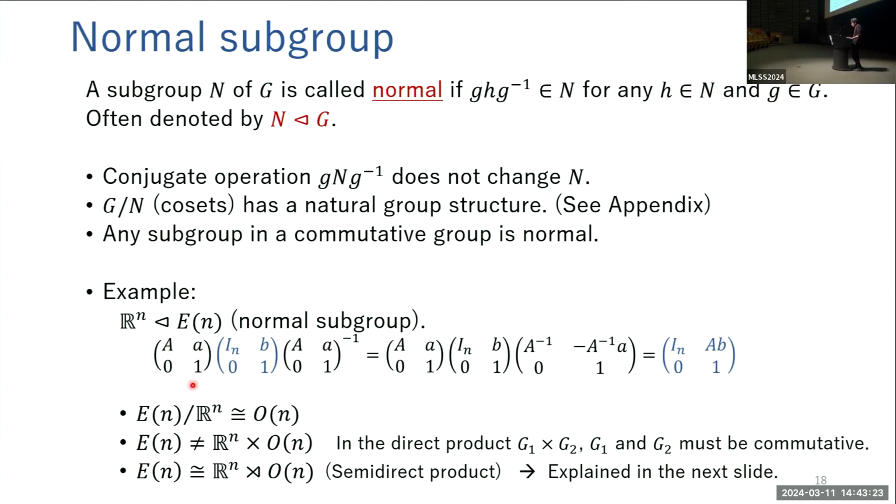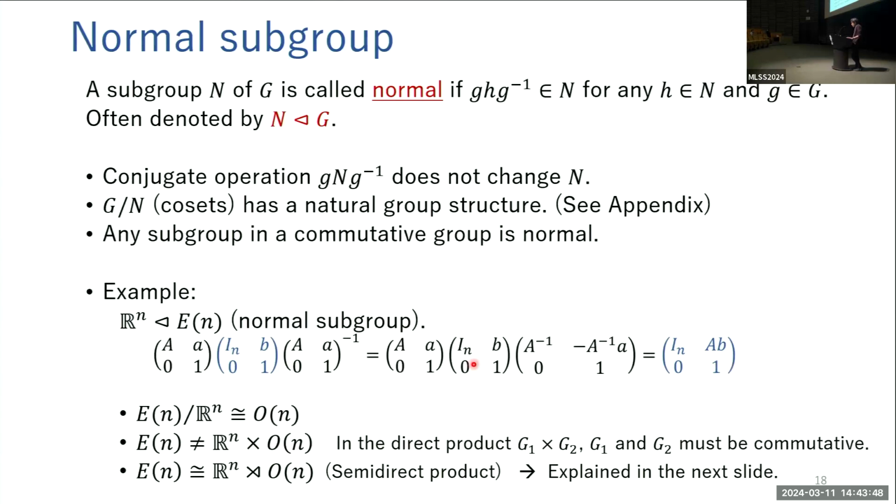And if you take a general element from En and multiply by its inverse under this element, a simple calculation can derive that this is again just a translation, A times B. This is very intuitive by geometric consideration also.